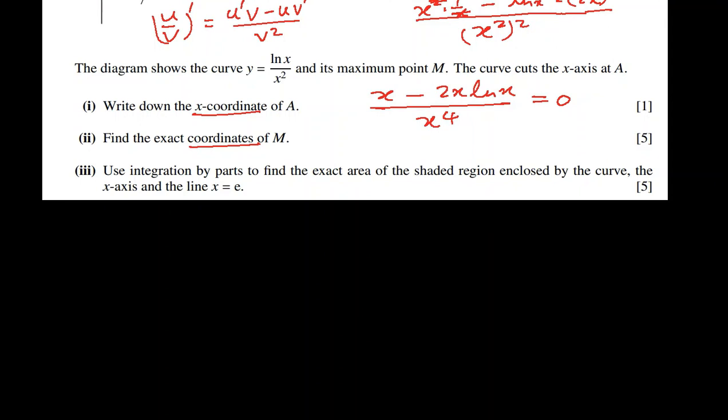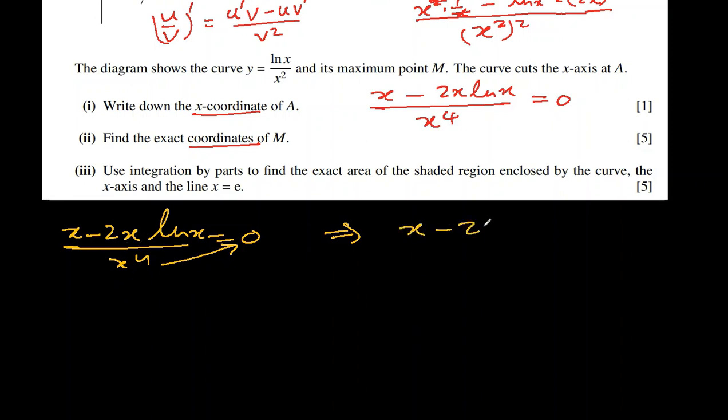So x minus 2x ln x over x to the power 4 equal to 0. This is how we find the value of x. So this x to the power 4 multiplies with 0 and goes, like it did in the previous part. And in this, we are left with only the numerator. They are a combination of algebra and logarithmic parts. So let's take x common so that it becomes easier.